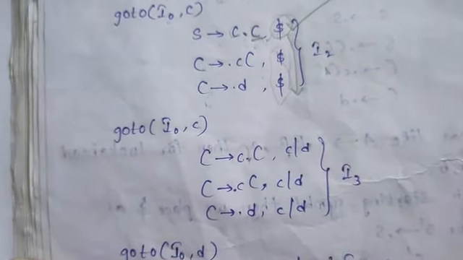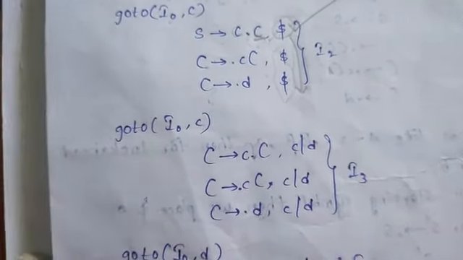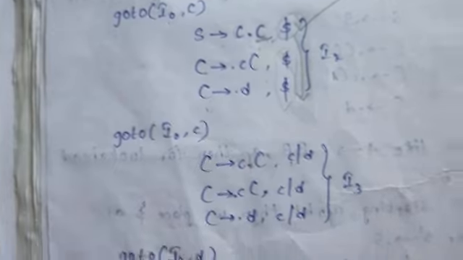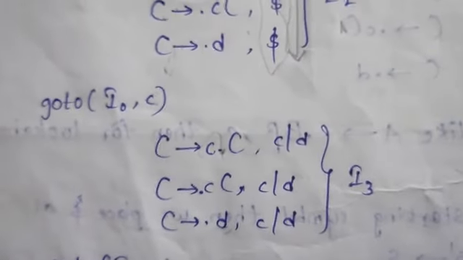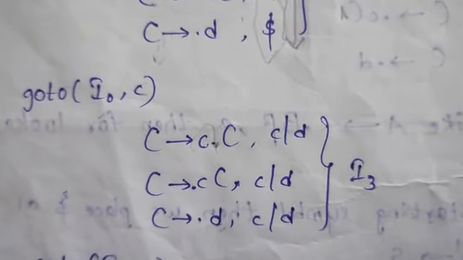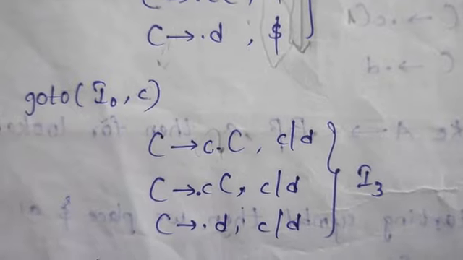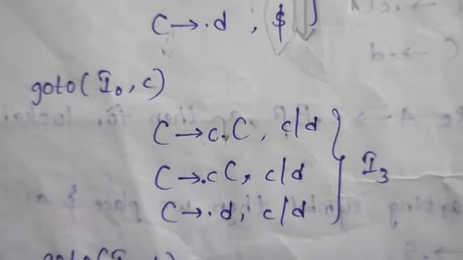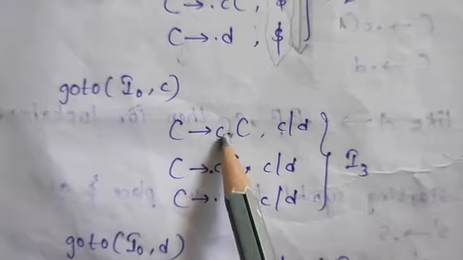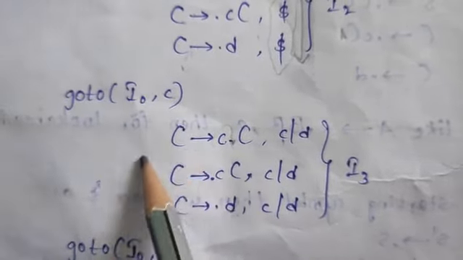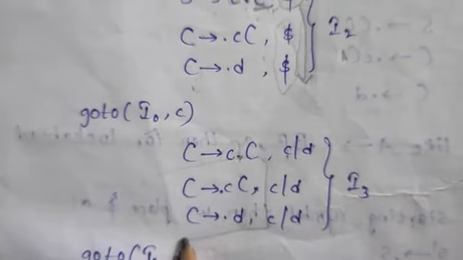Again it will check whether the dot is before any capital letter. So again the dot is before a capital letter. For that reason you need to place C related productions here.